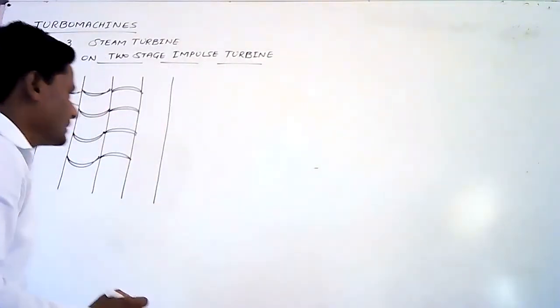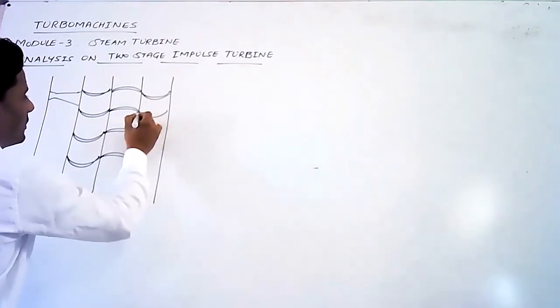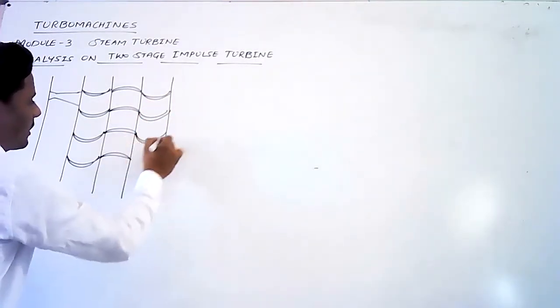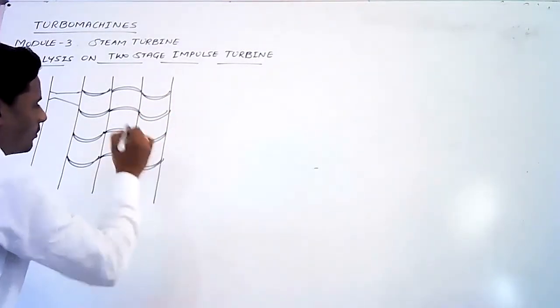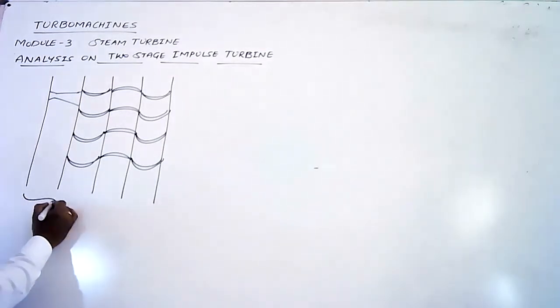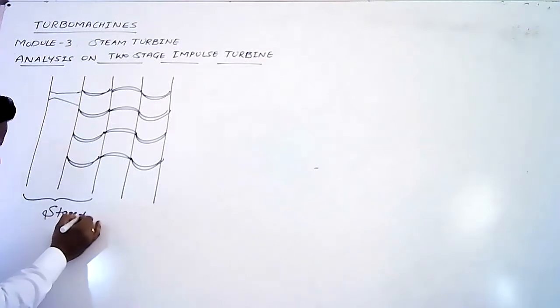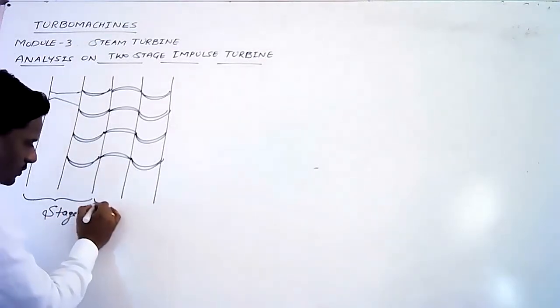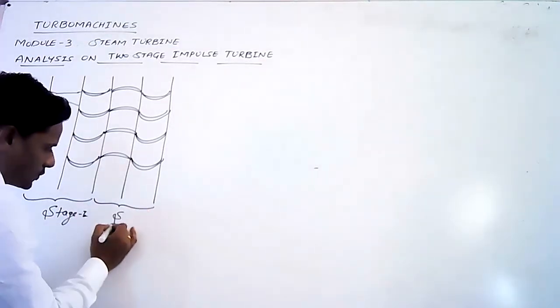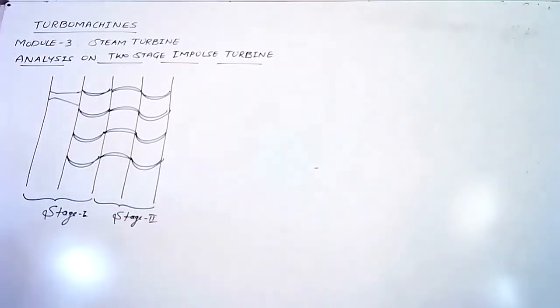Lastly, in the second row of moving blades, we have the set of runner blades or moving blades here. These two rows together constitute one stage, stage 1, and these two rows together constitute stage 2, the second stage.